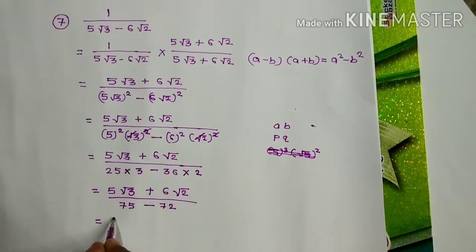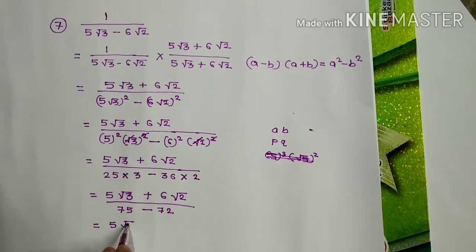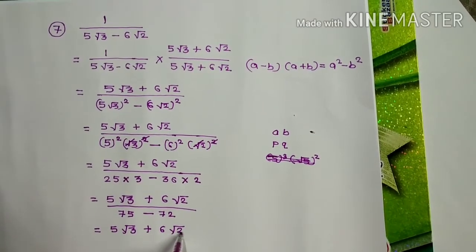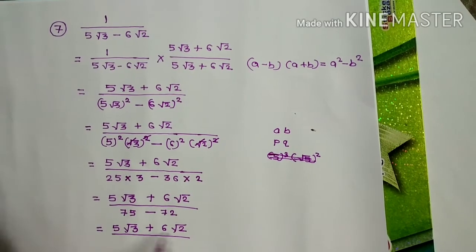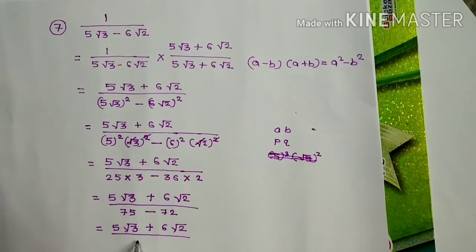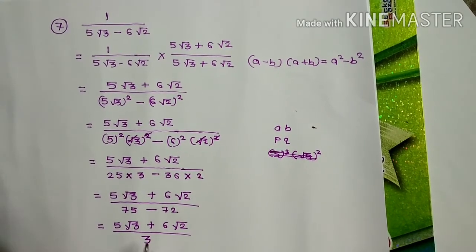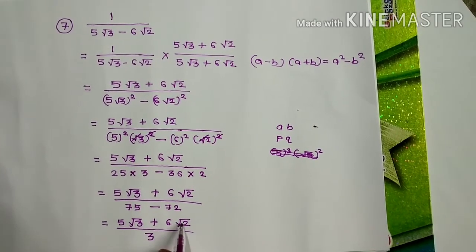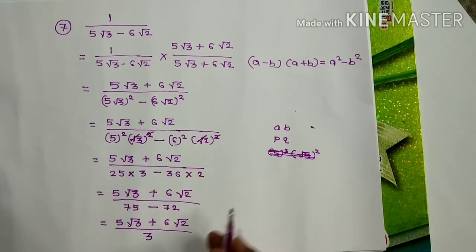Next step is 5 root 3 plus 6 root 2 divided by 75 minus 72 is 3. So this is the final answer. 5 root 3 plus 6 root 2 divided by 3.